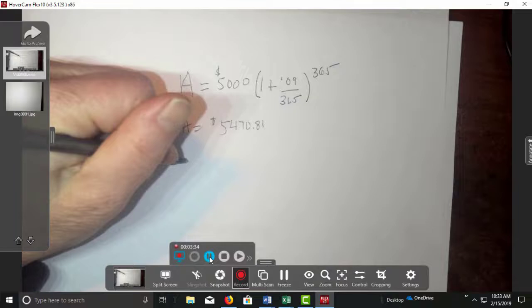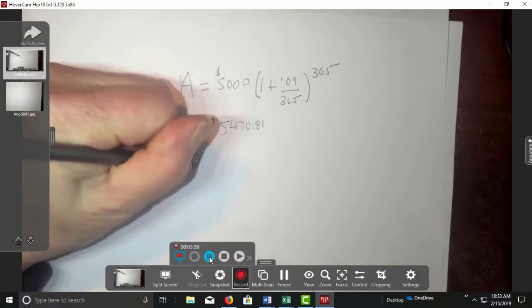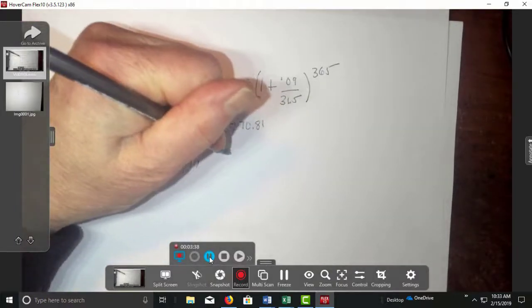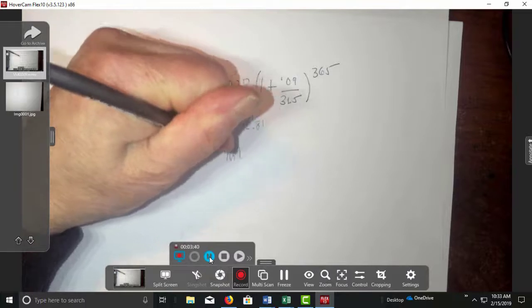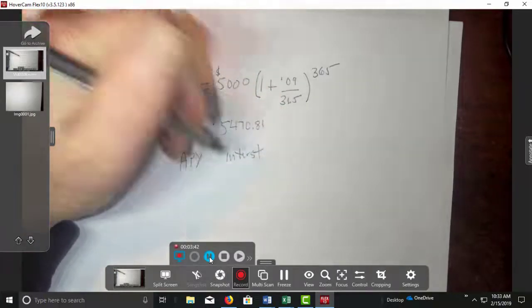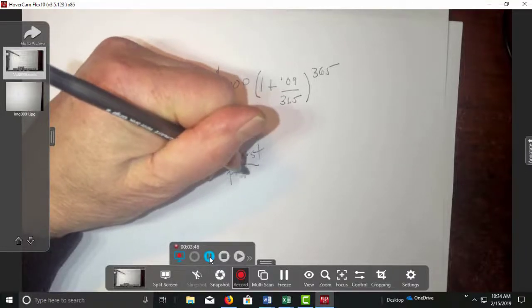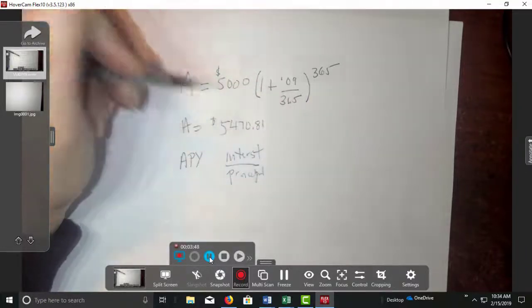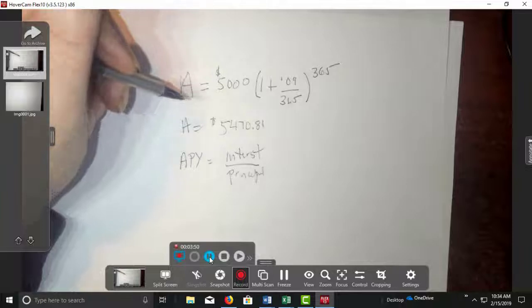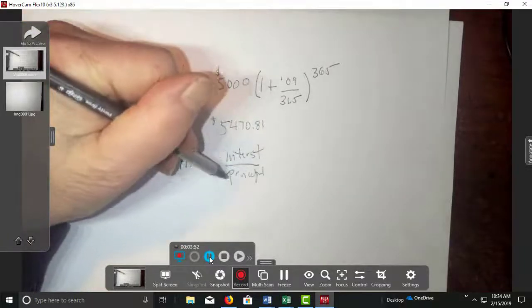Now, if I want to find the APY, I need the interest divided by the principal. And make that into a percentage.